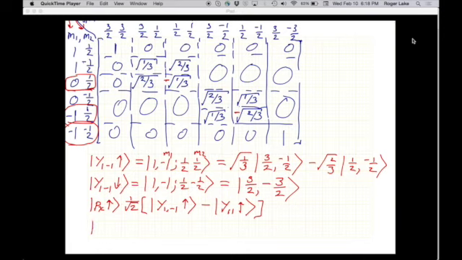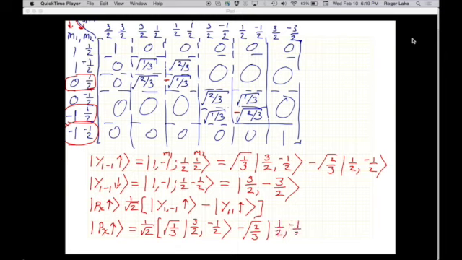So px up is equal to 1 over root 2 times square root of a third, 3/2 negative a half, minus square root of 2/3 times half, negative a half, minus 3/2, 3/2.